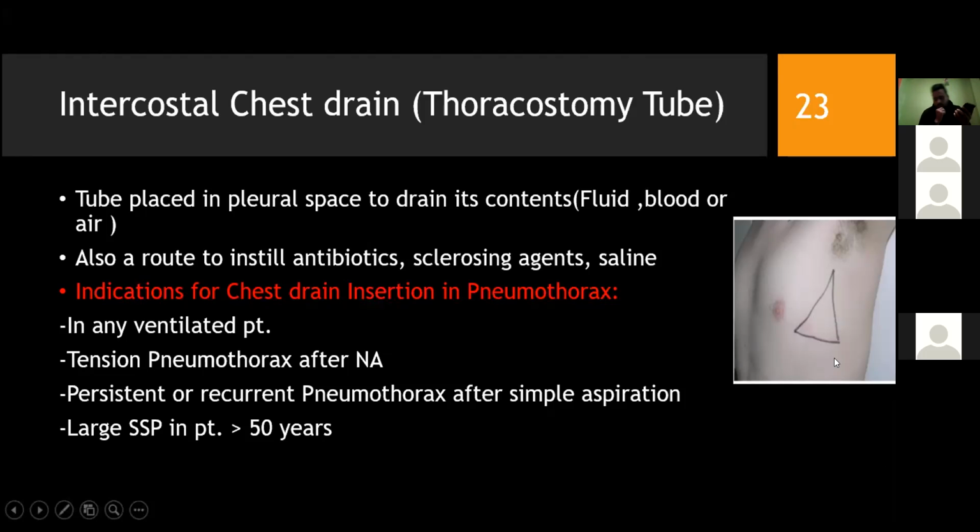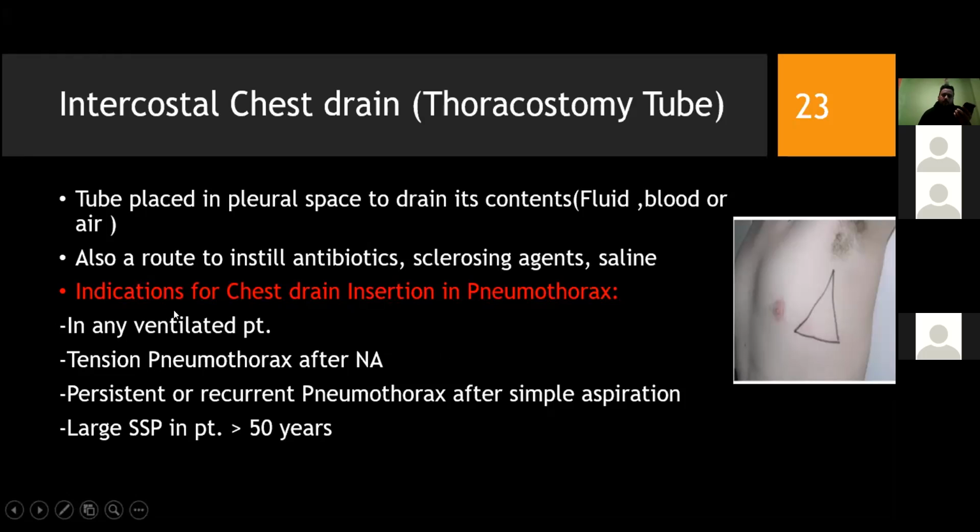In the right triangle of safety, one margin is the lateral margin of the pectoralis major muscle, and the other is the lateral margin of the latissimus dorsi muscle, and inferiorly it is the 4th to 5th ribs. And the site is anterior to the mid axillary line.